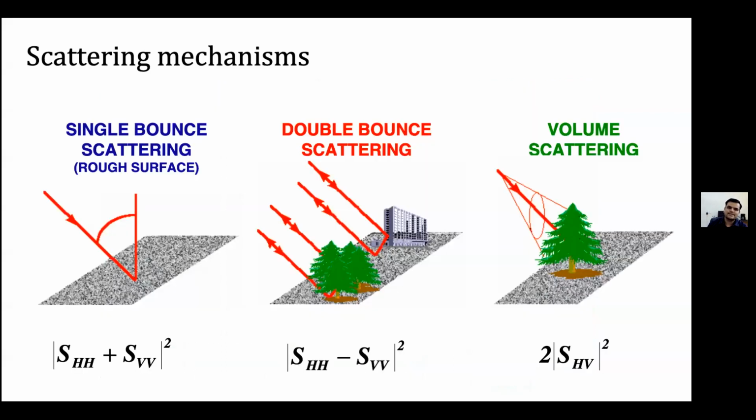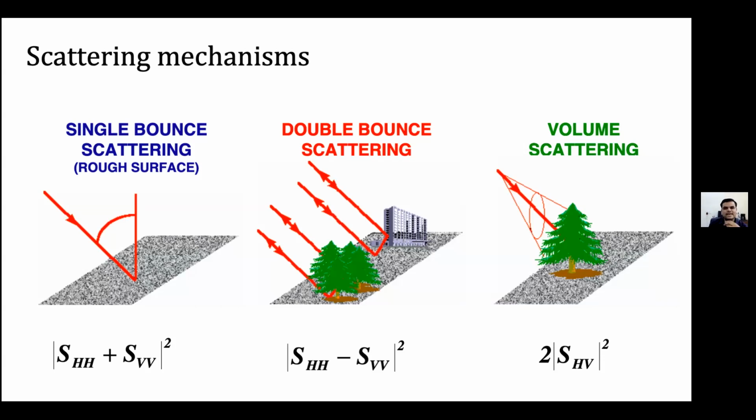Why this happens is because we can separate SAR backscatter into some basic scattering mechanisms. Whenever there is a rough surface, backscattering will happen, and we get single bounce scattering. Wherever there are regions which form an L-shaped target, particularly in urban regions, the scattering comes from the road, and then the wave bounces off part of the building and goes back to the sensor.